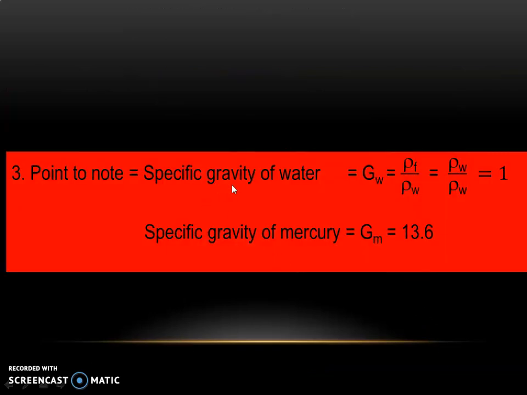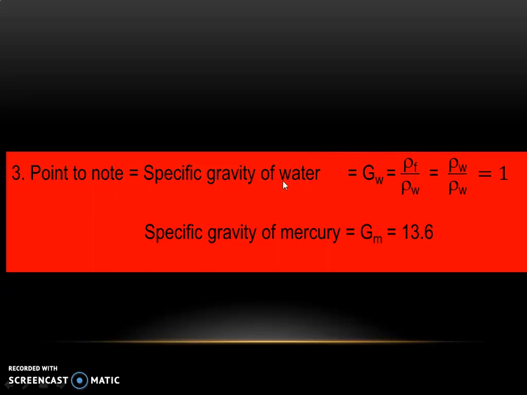Now we will see how to find specific gravity of water. Usually in problems, specific gravity of water won't be given. You need to know its value. G of W, that is G of water, is equal to density of fluid, that is rho F, divided by density of water, that is rho W. F represents fluid under consideration, and the fluid under consideration is water.